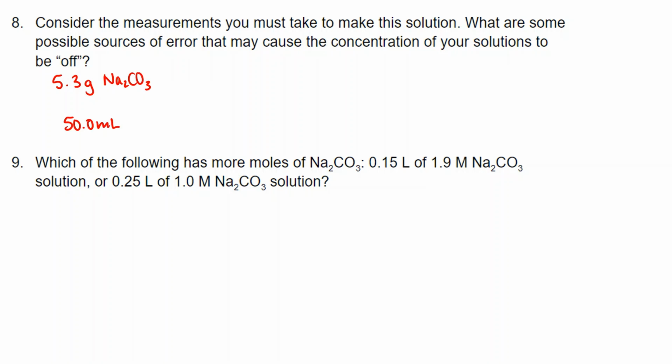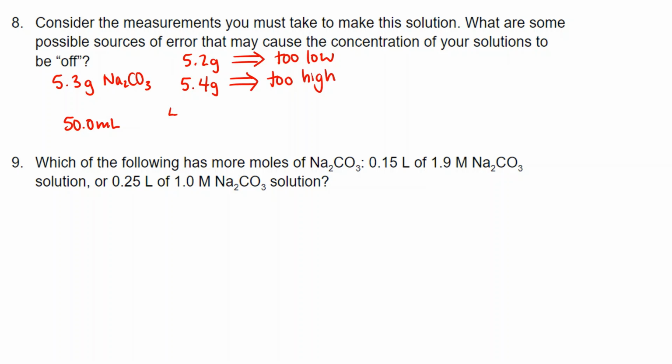So what if our scale measures 5.2 grams? That means that our concentration is going to be too low. What if we get a little more than 5.3 grams? Well, that means that our concentration is going to be too high. What about the 50 milliliters?